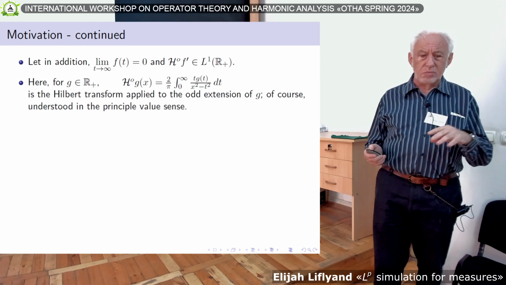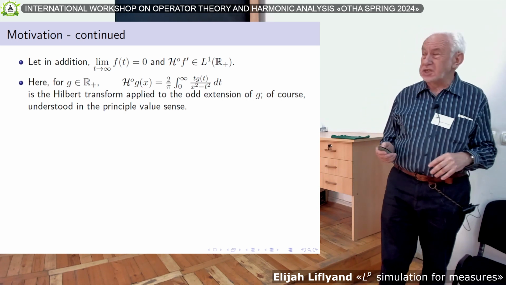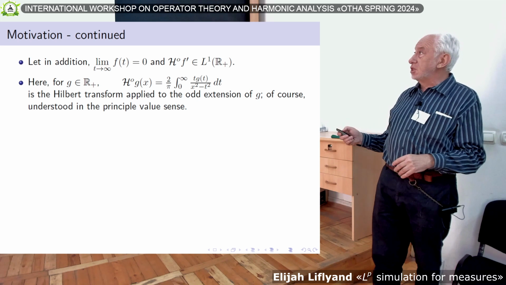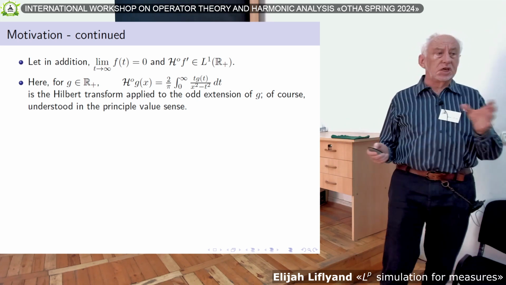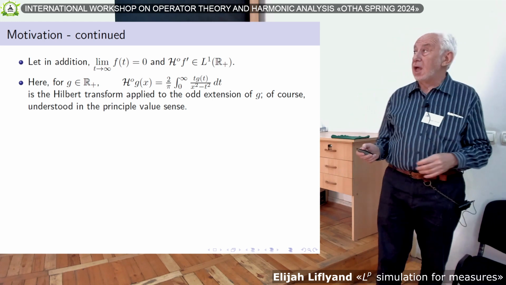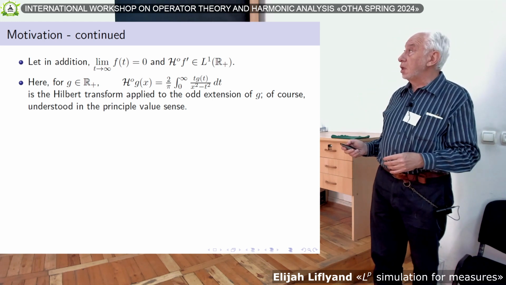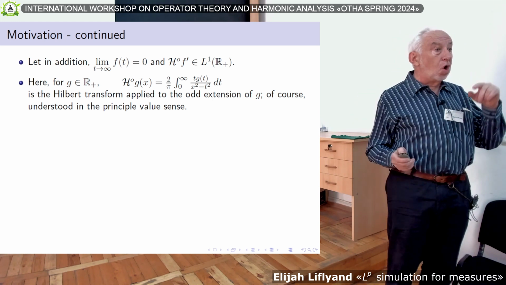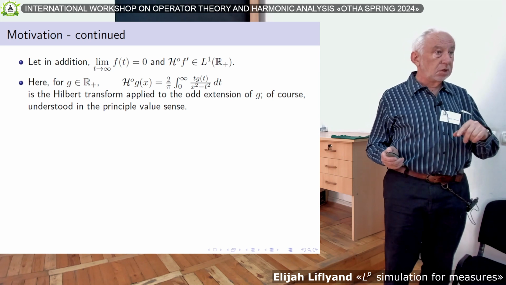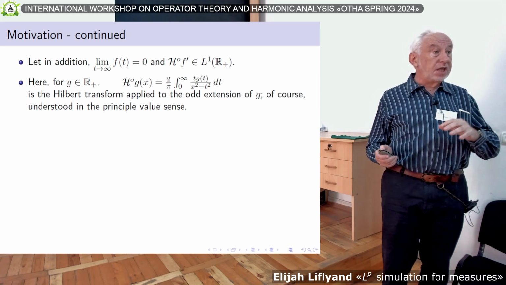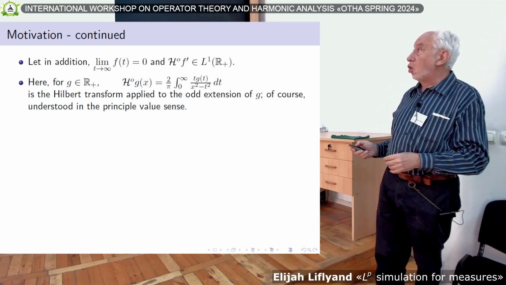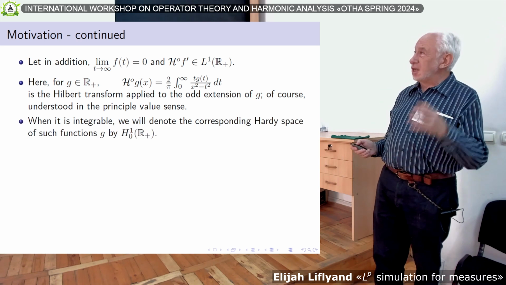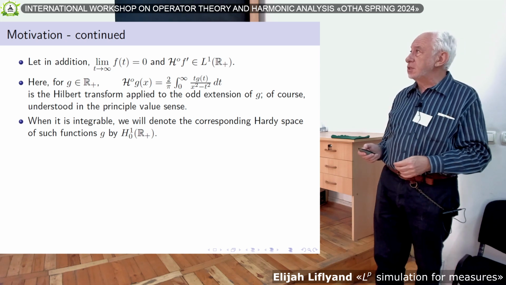Let me omit many details. Just we consider the Hilbert transform. This is the usual Hilbert transform, reduced to the half-axis, applied to an odd function, or extended to the other half-axis in an odd way, and understood in the principal value sense.